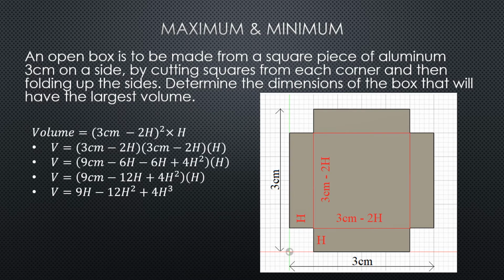So we've basically got our volume in terms of whatever the height of the box is going to end up being, and in terms of our original dimension. If we do some algebra here, distribute that out and then multiply the h through, we get a volume equal to 9h minus 12h squared plus 4h cubed.